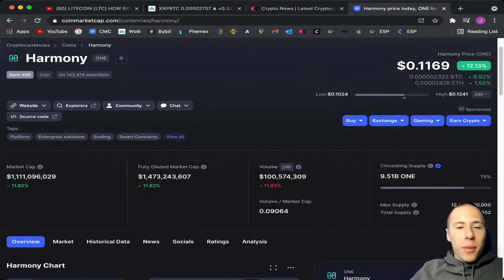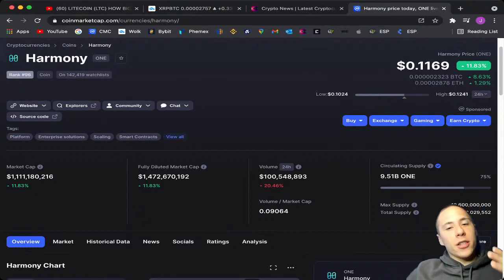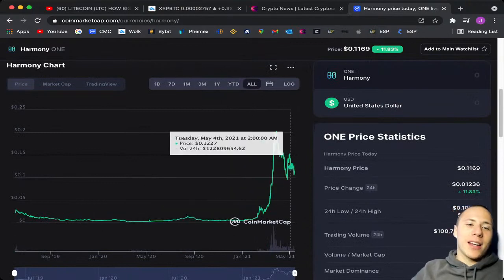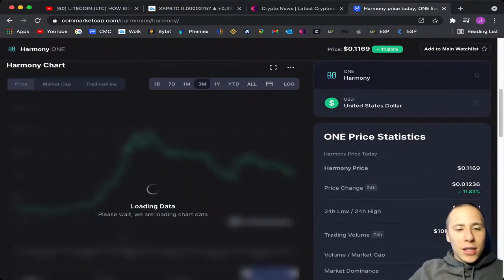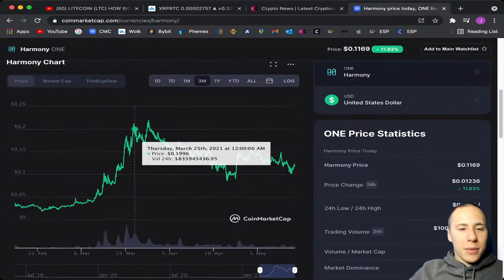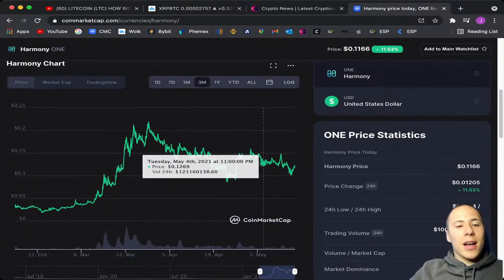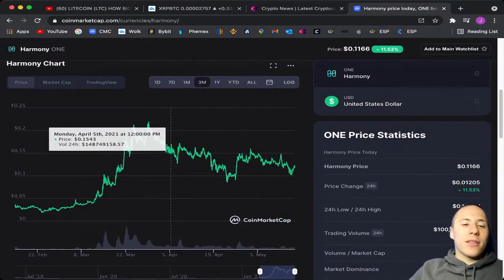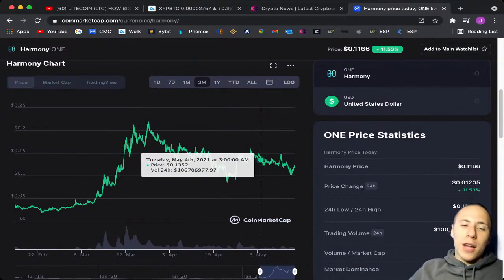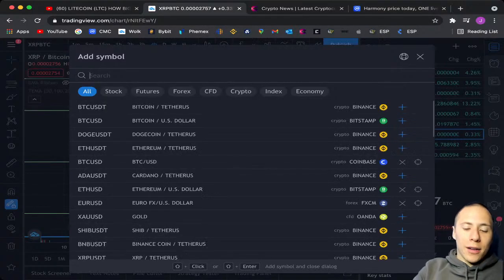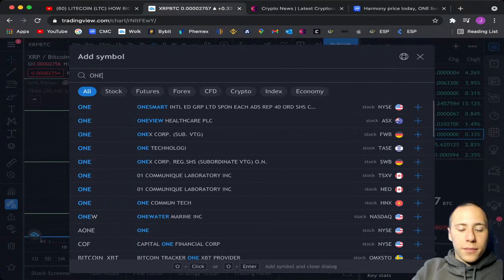And a 1 billion market cap, for me, is really interesting, because those types of coins have a lot of potential to go exponentially towards the upside. And what we are seeing over here is that it already did so. We saw a huge move towards the upside on Harmony during the past 3 months, and right now it has been trading a little bit downwards and sideways for the moment, and that's why I would like to take a look at it as well on one USD.